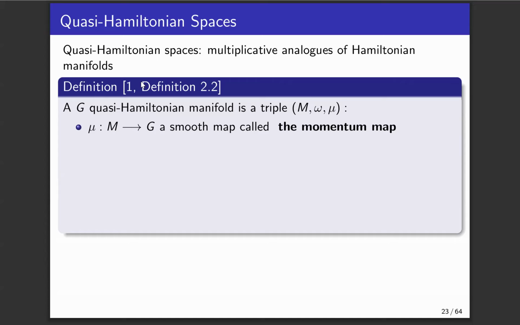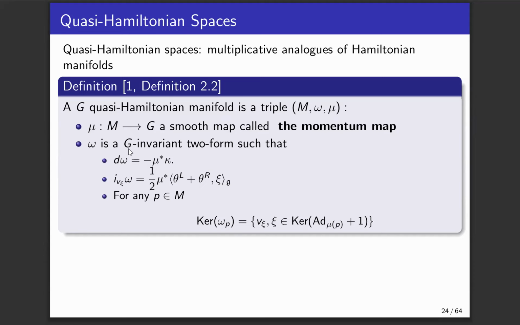But in which sense? Imagine that we have a compact group G that acts on some manifold M, together with some two-form omega. Then a G quasi-Hamiltonian manifold is a triple (M, omega, mu), where mu is a smooth map, called the momentum map, with values in the Lie group G itself.